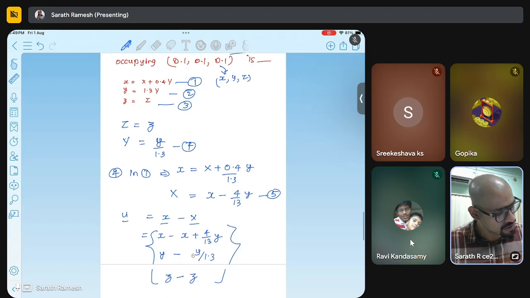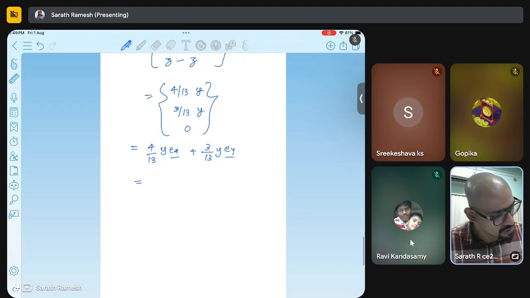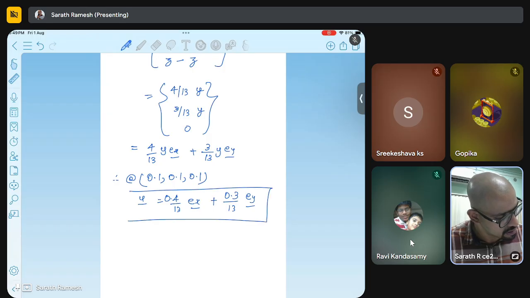So we have to substitute 0.1. So the u vector will be 0.4 by 13 ex plus 0.3 by 13 ey. This is the u vector, that's it.